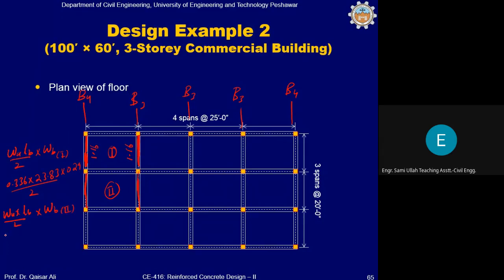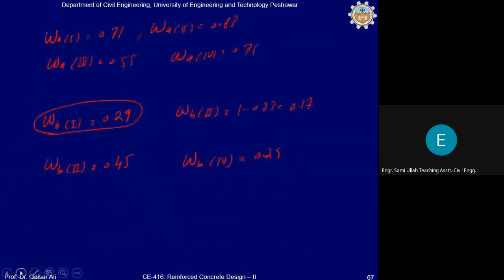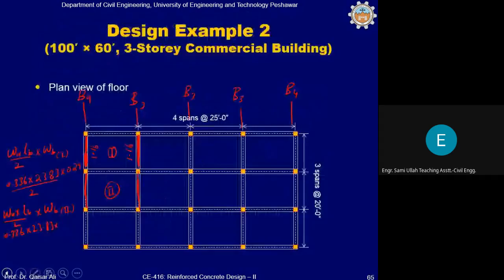Calculate this also, well done. 0.336 multiplied by 23.83 multiplied by WB of panel 2. How much? It is 0.17. This is 0.17 divided by 2. Tell me this value. 0.68, and similarly 0.68 will come here.